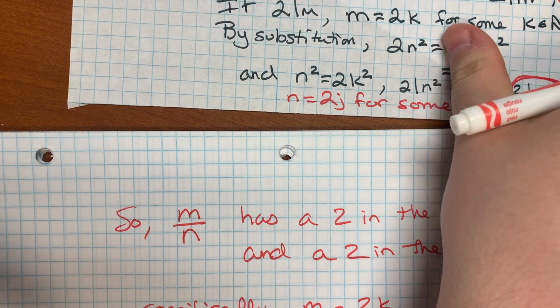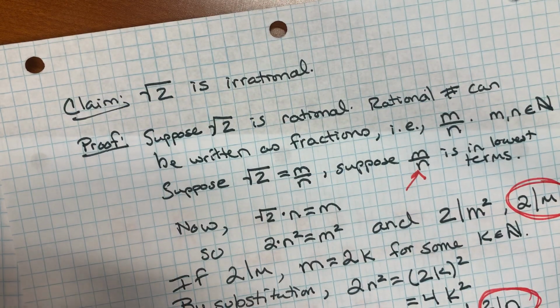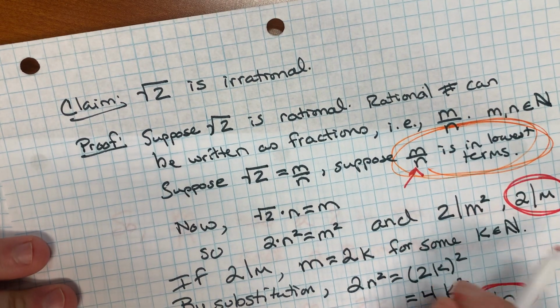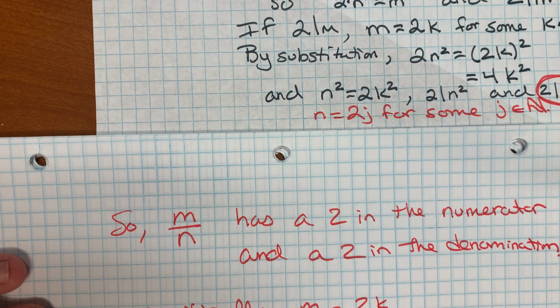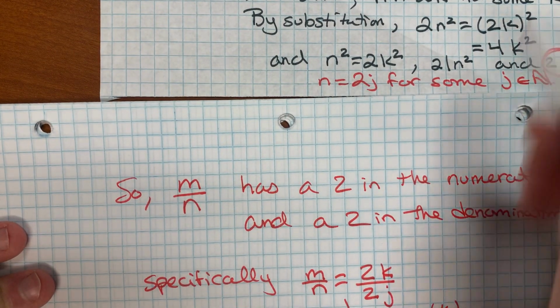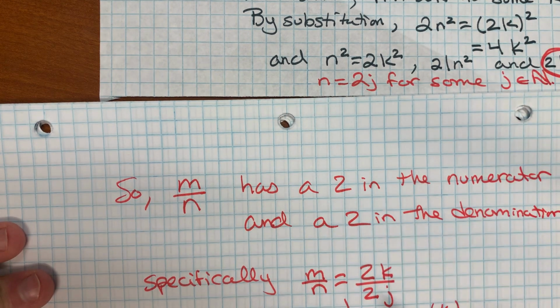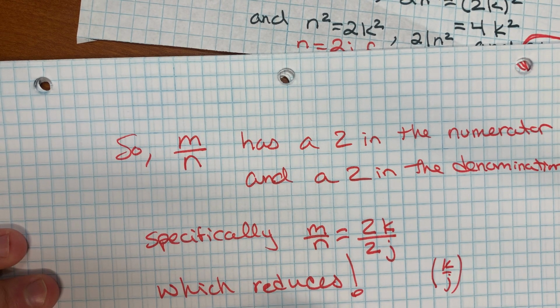But what did we say? We said suppose it's in lowest terms. But this said it isn't in lowest terms. So m over n can't both be in lowest terms and reducible. This is a contradiction.